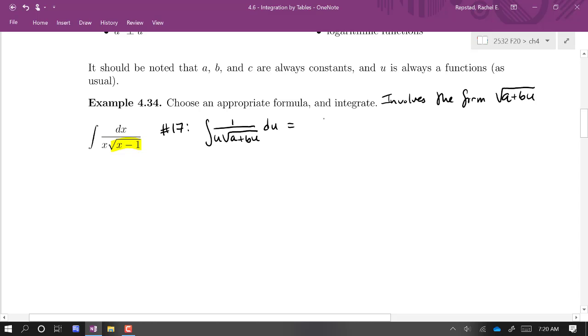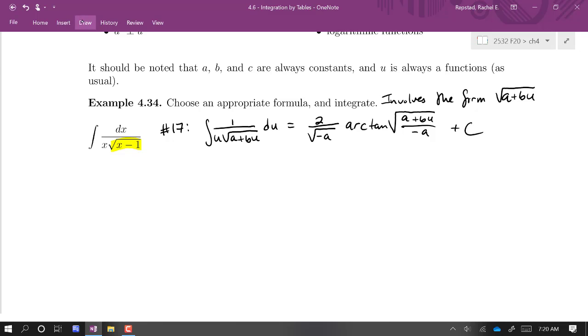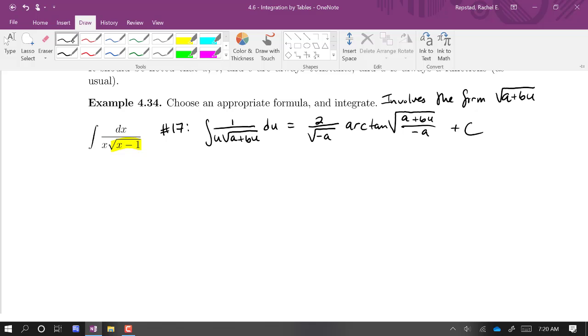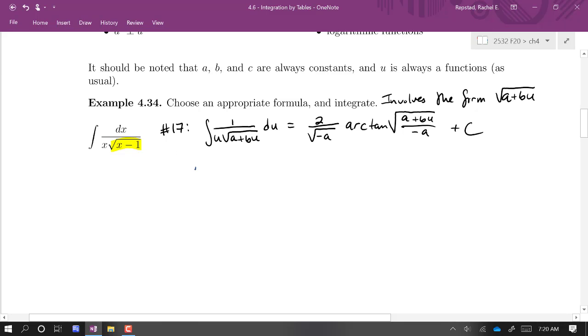And since a is negative, it gives us this result. So for us, this will fit this form if a is equal to negative 1, u is equal to x, which means, of course, du is equal to dx.